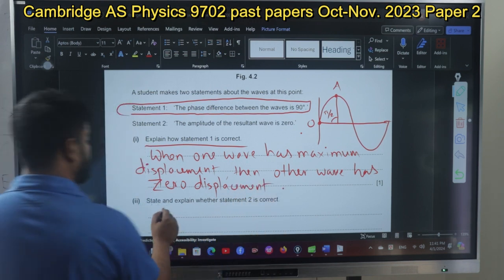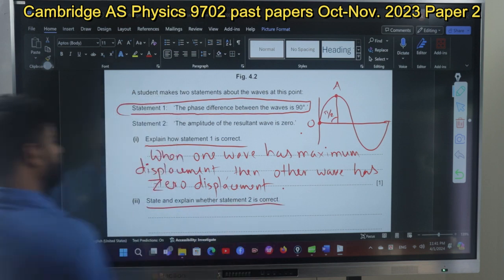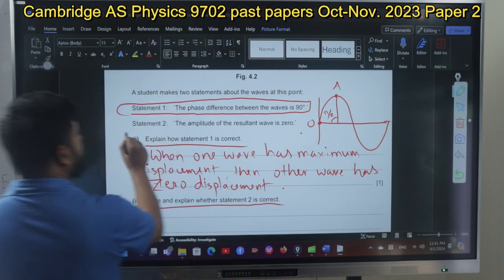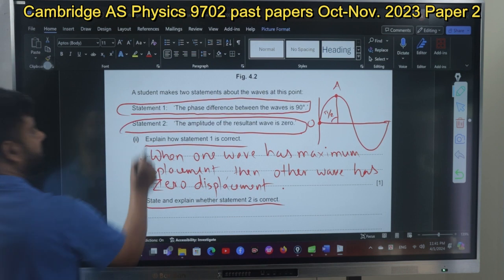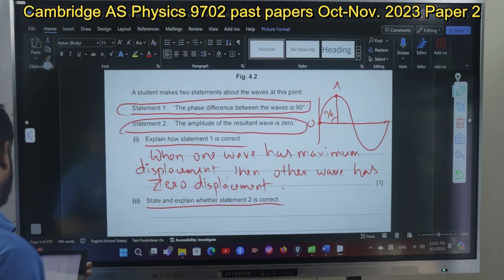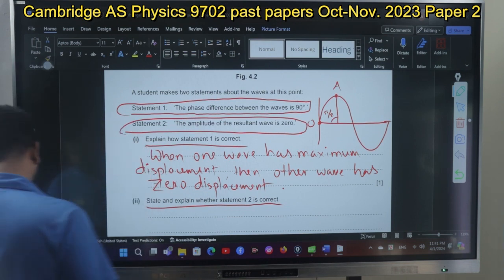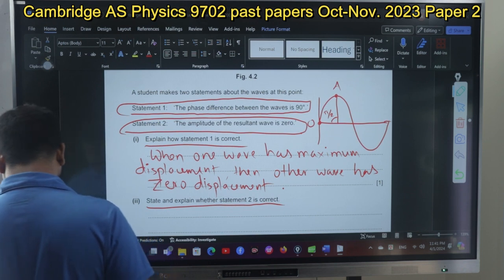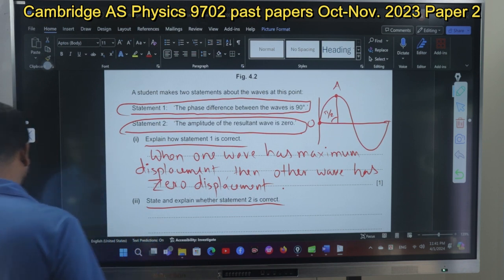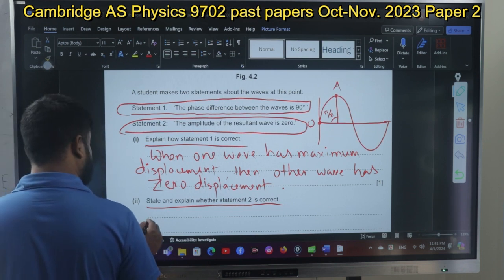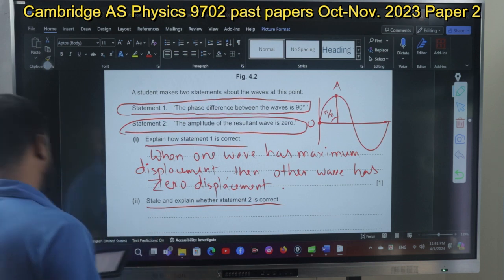State and explain whether statement 2 is correct. No, statement 2 is incorrect. The amplitude of the resultant wave is not 0, because the waves do not have a phase difference of 180 degrees, so they are not out of phase.